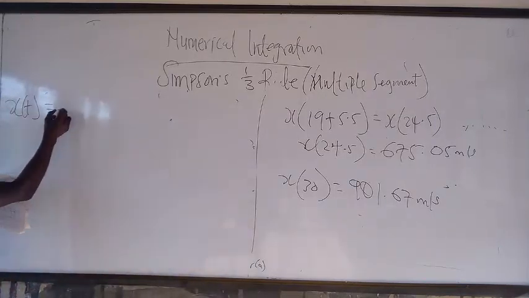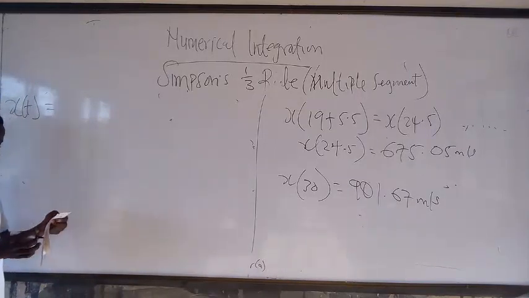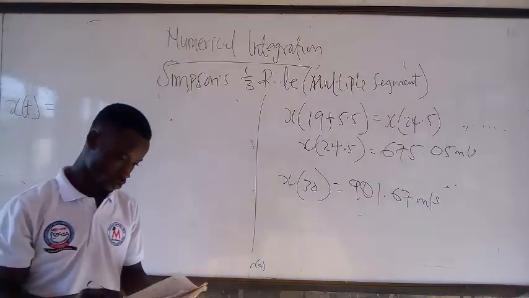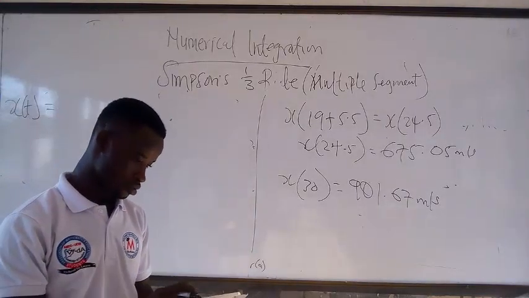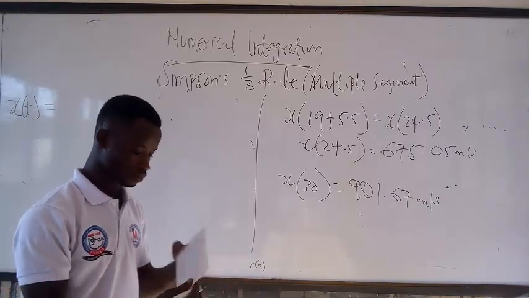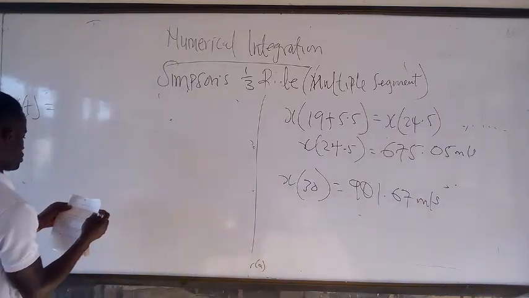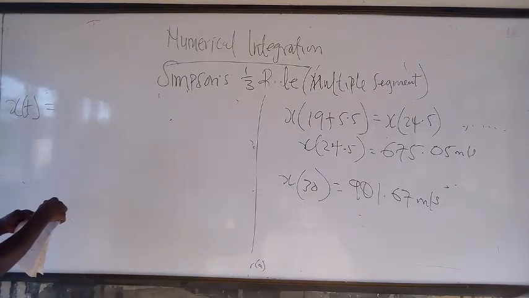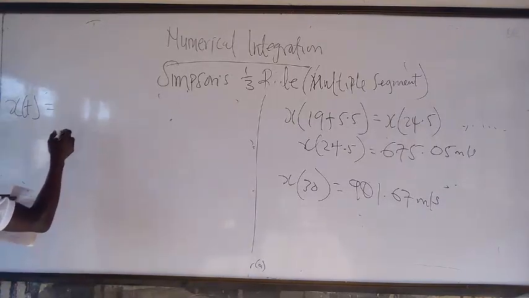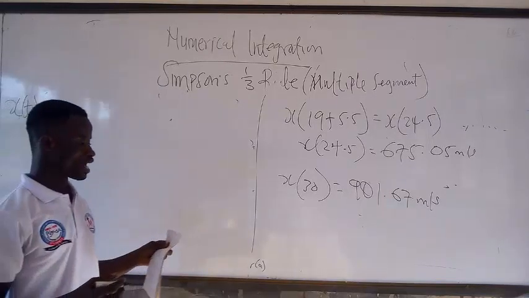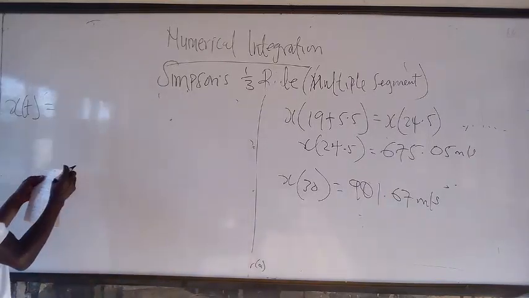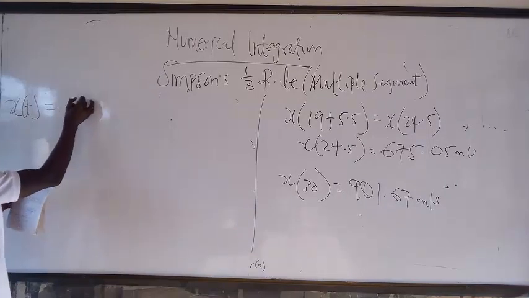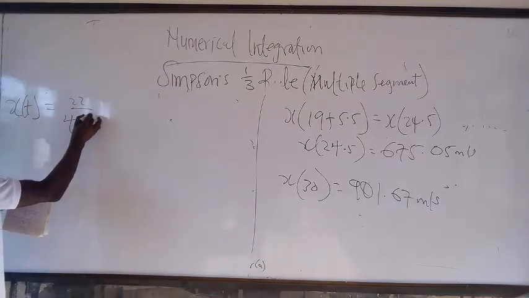You know that the formula will be in the form, that's 22 over 4, 3.